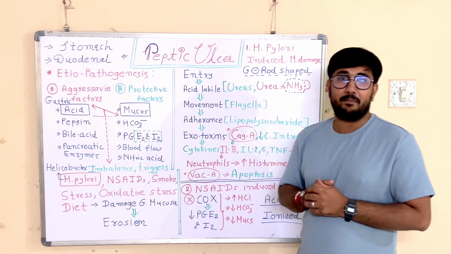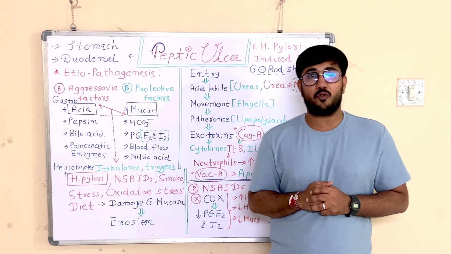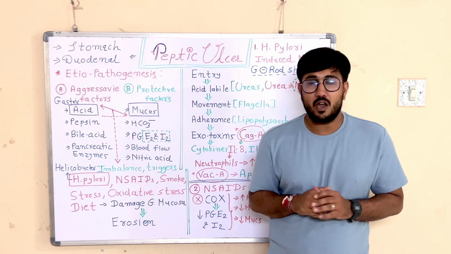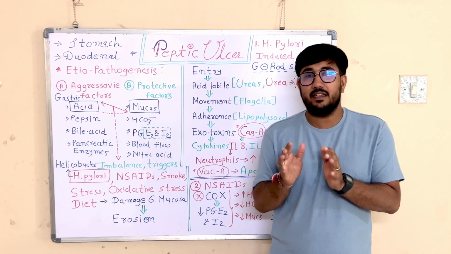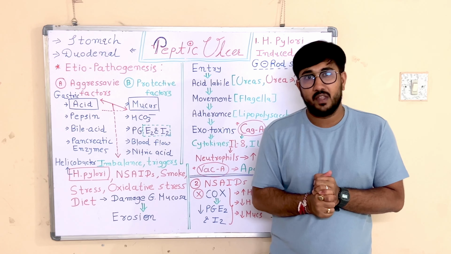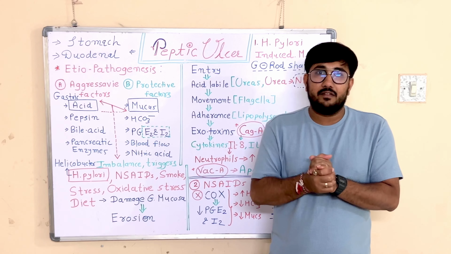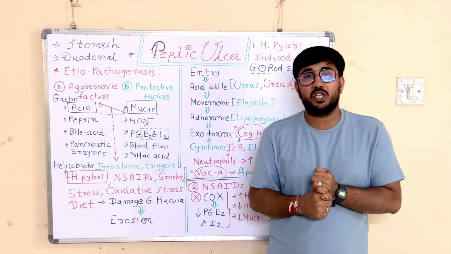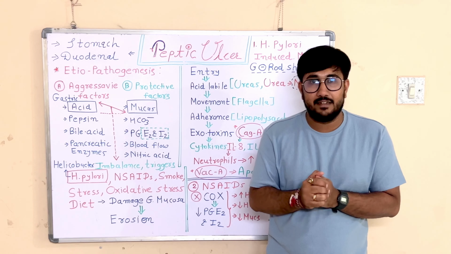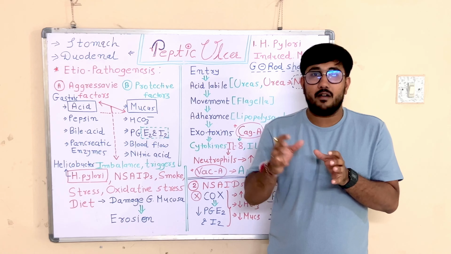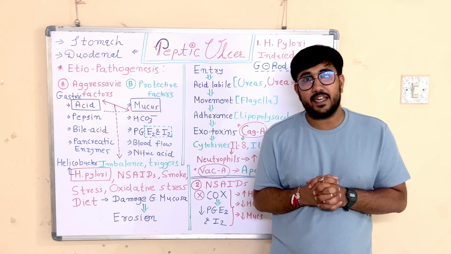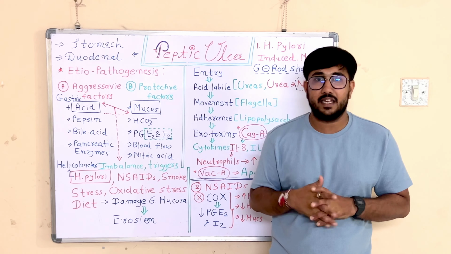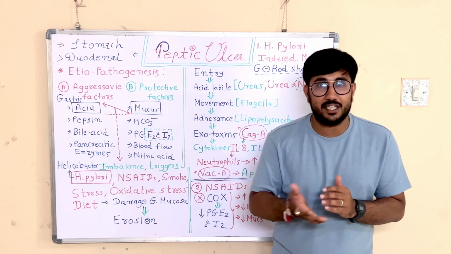So it is a peptic ulcer disease. Basically, it is a gastrointestinal disease condition. Now, what happens actually? Before we understand pathophysiology, let's go back to the physiology. So in stomach, there is one important digestive aid which is a gastric acid. It is responsible for killing the microorganisms, and also it is activating the various gastric enzymes, and through which it helps in the digestion.